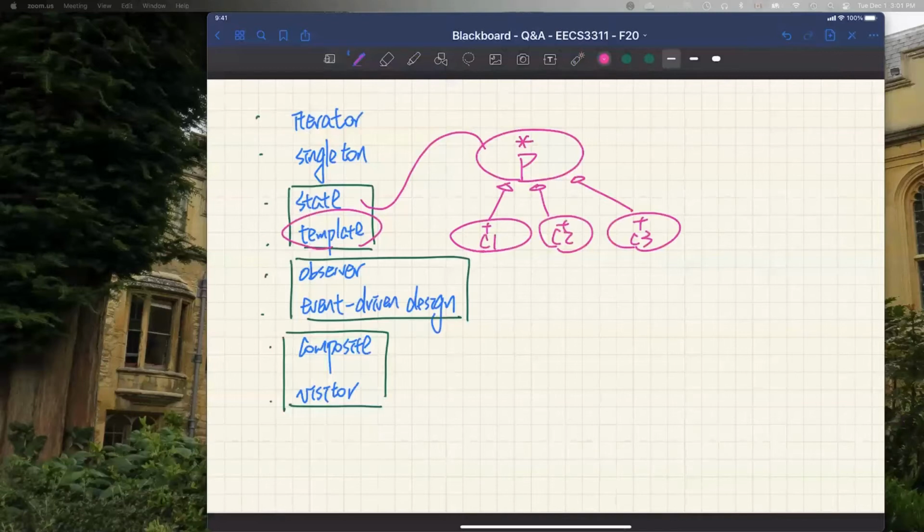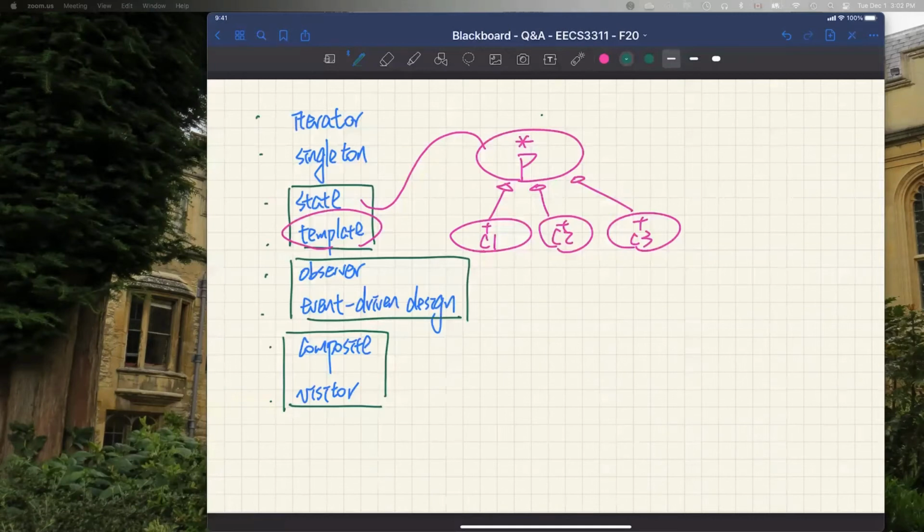Let's say the pink one is really the ultimate template design pattern you will run into. However, realistically, you may not think about implementing the template design pattern in the first place. It might take some evolution stage, maybe from version 1 to version 2, some intermediate stage.